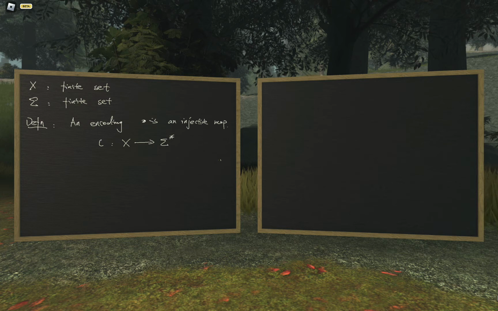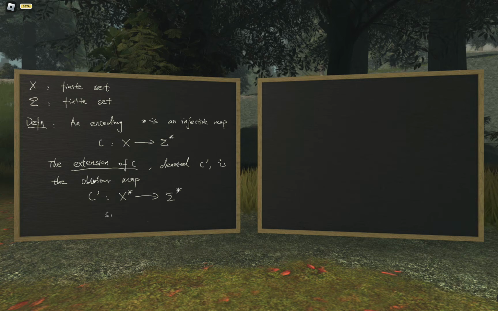And we also notice that given such an encoding, there exists a map, I call it the extension of the map, denoted by C prime, which is the obvious map you can define out of C from the set of words in X to the set of words in sigma.